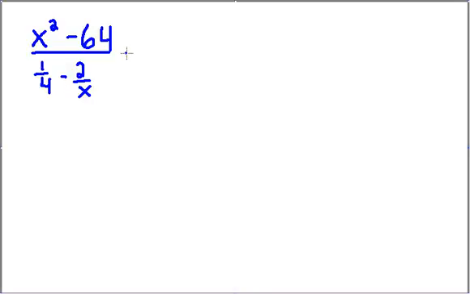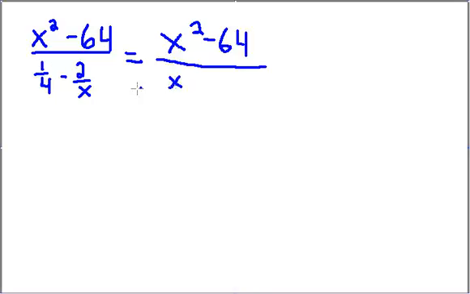So we have to rewrite these with common denominators. To avoid confusion, I'm just going to go ahead and rewrite the top part here, x squared minus 64. Then in our bottom here, we're going to take this x and multiply it by both top and bottom to get our common denominator. X times 1 is x. X times 4 is 4x. 1 over 4 is the same thing as x over 4x, so we've just rewritten it as an equivalent fraction.